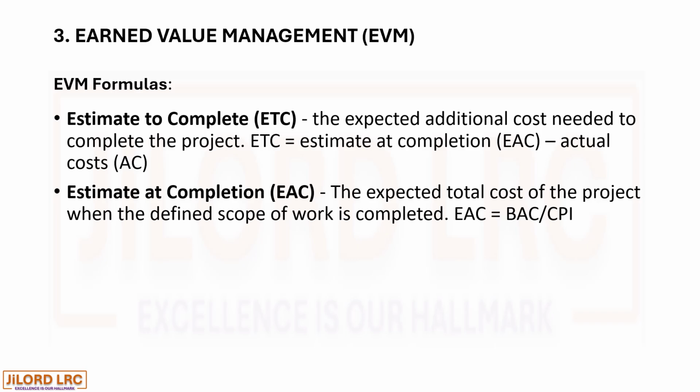Estimate at completion. The expected total cost of the project when the defined scope of work is completed. EAC, estimate at completion, equals budget at completion divided by cost performance index, CPI.